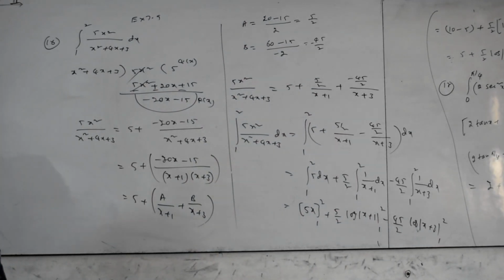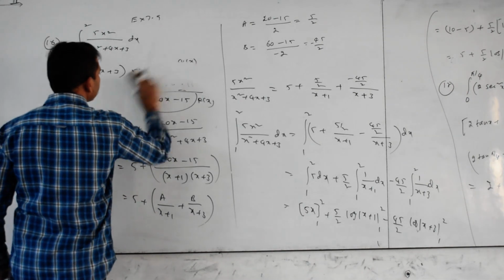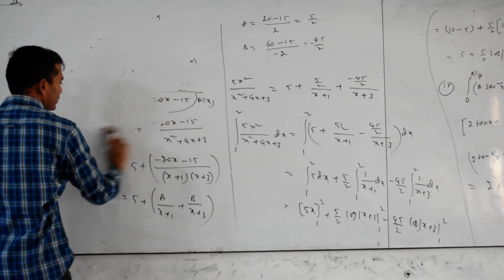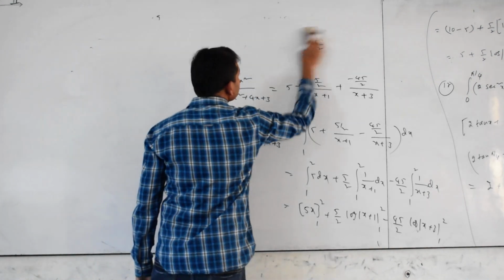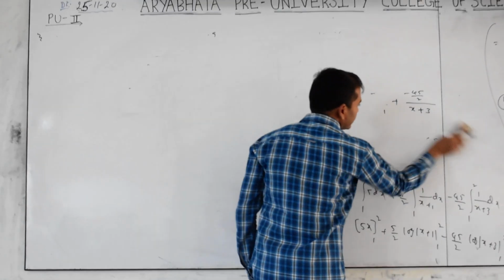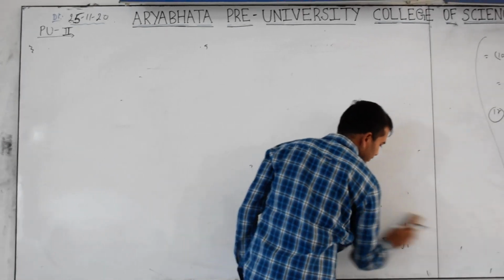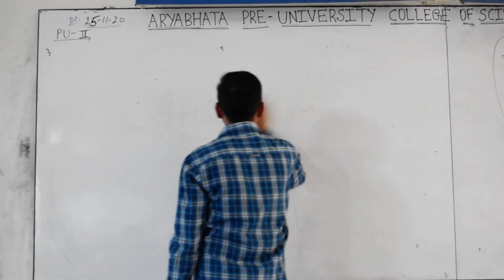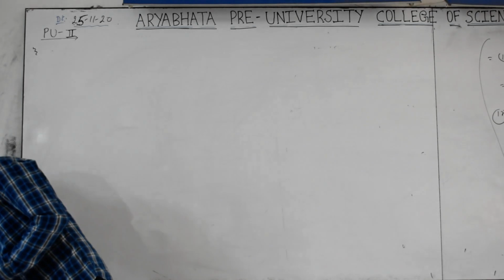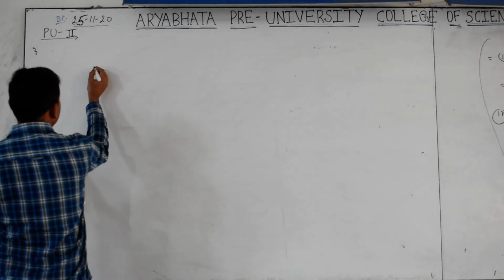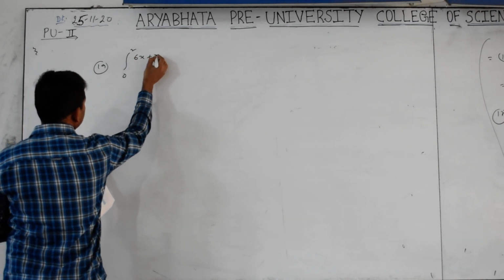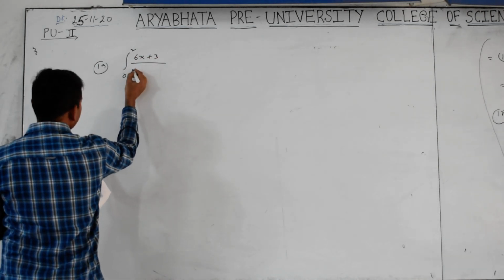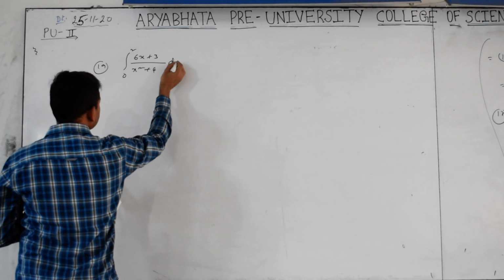Next, question number 19. Integration of 0 to 2, 6x plus 3 by x square plus 4 dx.